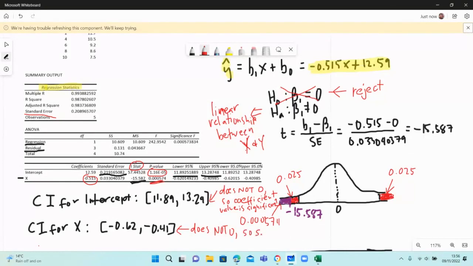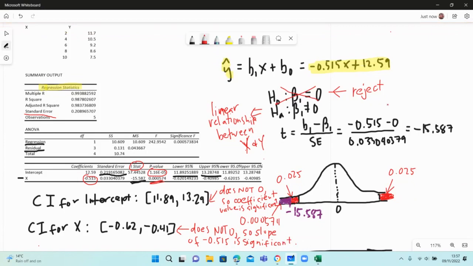So the slope of negative 0.515 is significant. And again, this brings us to the conclusion that the slope of our regression model is not equal to 0, and hence there is indeed a linear relationship between the independent variable x and the dependent variable y.